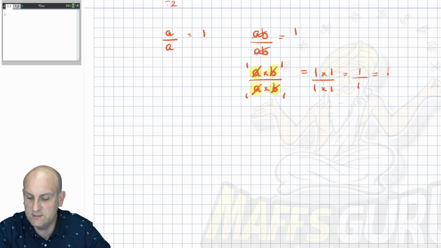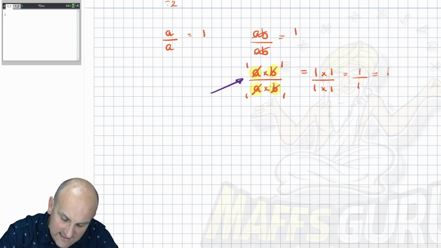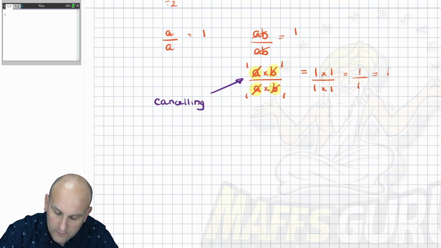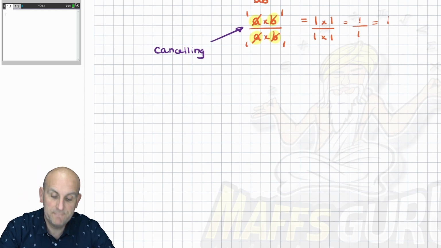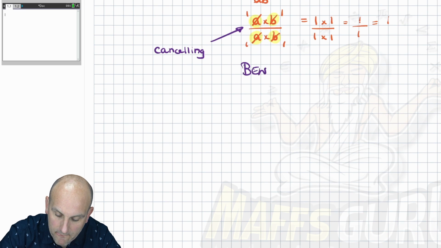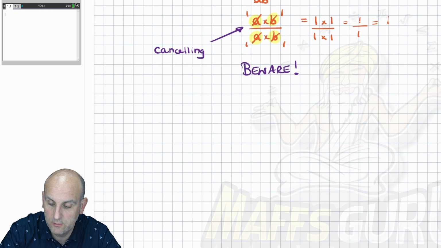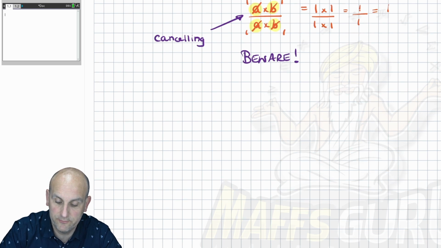So what we're actually doing here is cancelling using letters by checking to see if there's a letter on the top and a letter on the bottom. Now, beware. This only works when the tops are all multiplied and the bottoms are all multiplied.